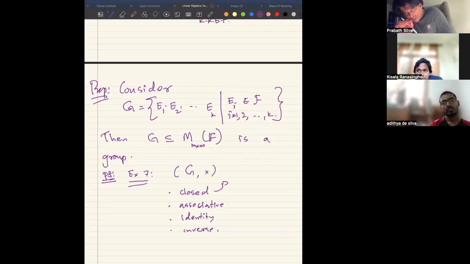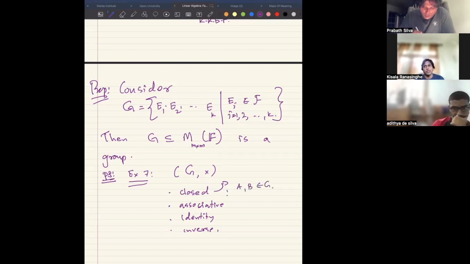And we know that matrix multiplication is a closed operation on M by M matrices. You multiply two M by M matrices, you get an M by M matrix. But now we are trying to use the same operation in a subset. So this is where this closure comes in. We need to show that if we take two matrices A and B in G, then the product A times B is also in G.